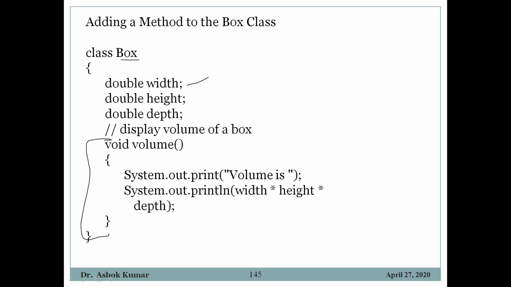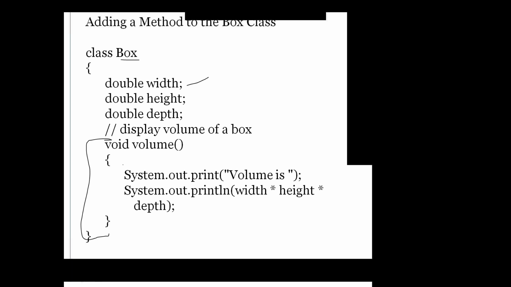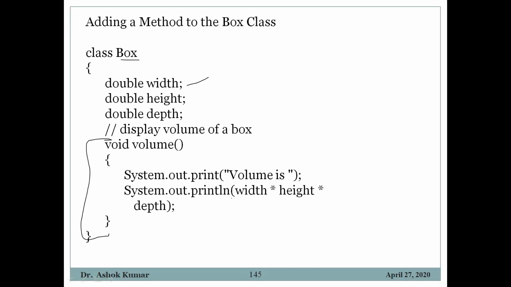We have three instance variables: width, height, and depth. And we have written one method in it, that is volume. This volume method is returning void type data. The methods that you write in the class can access the instance variables or the members of the class directly.